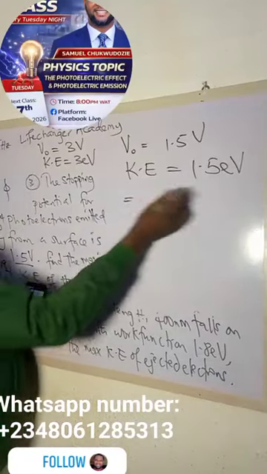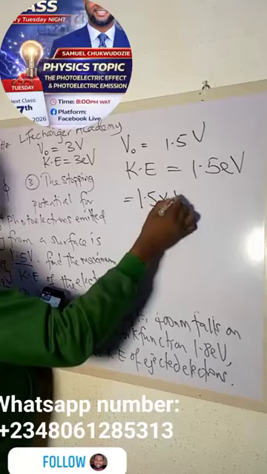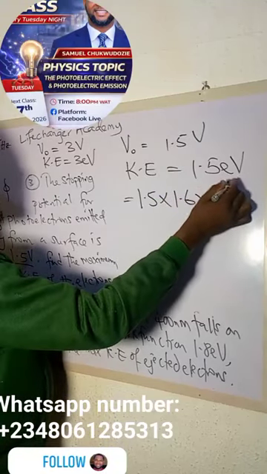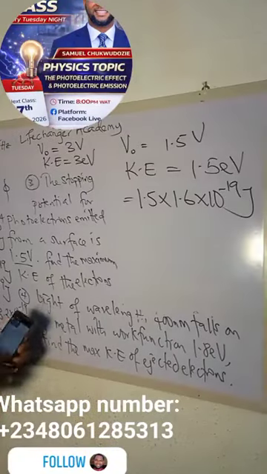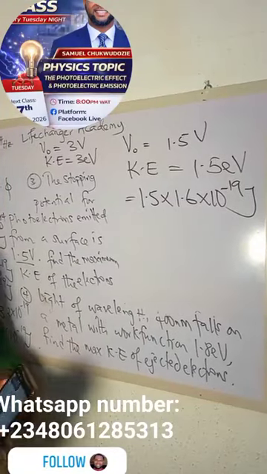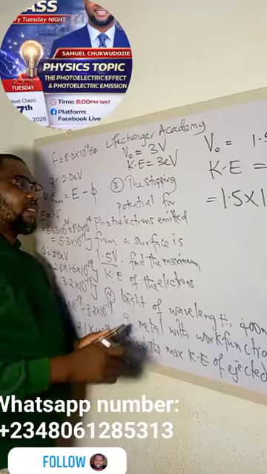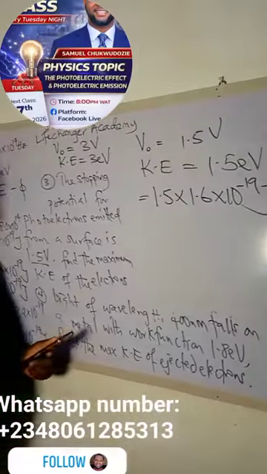Then you can say, if I want to convert this to joules, I'm going to say 1.5 times 1.6 times 10 to the power minus 19 joules. And that would give you the answer.